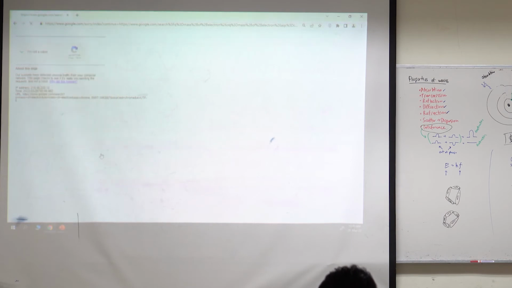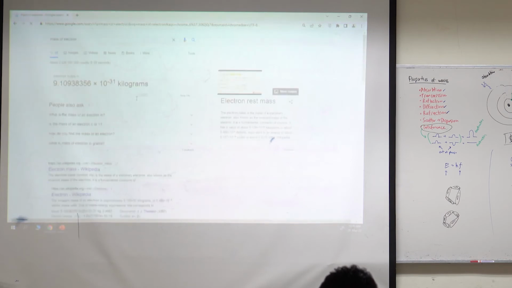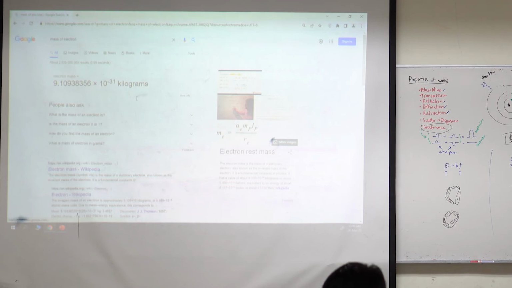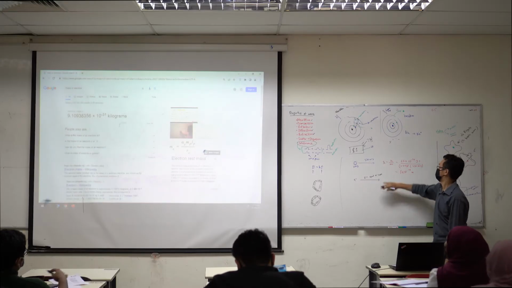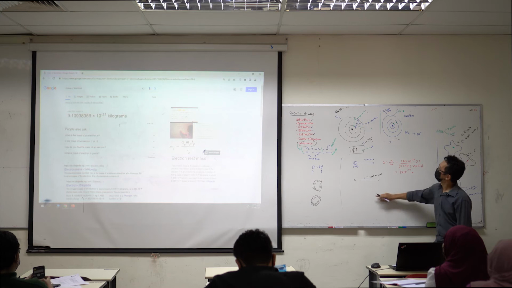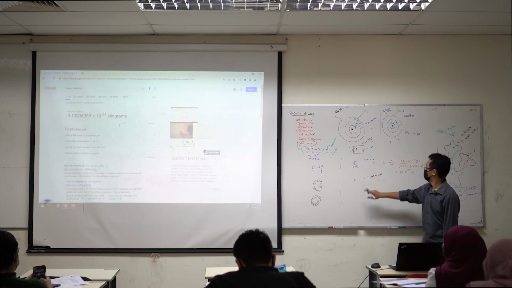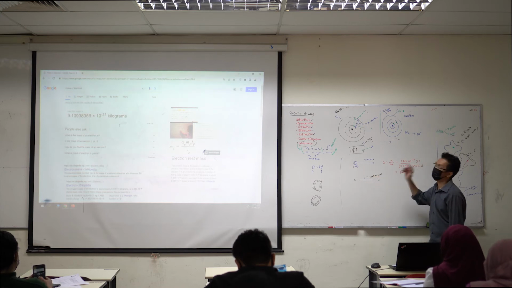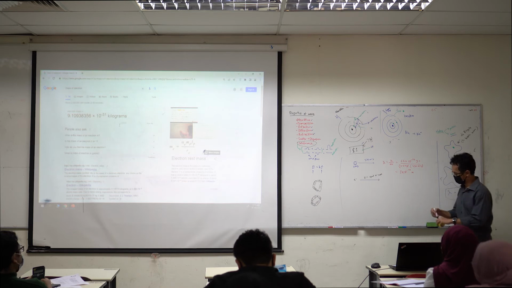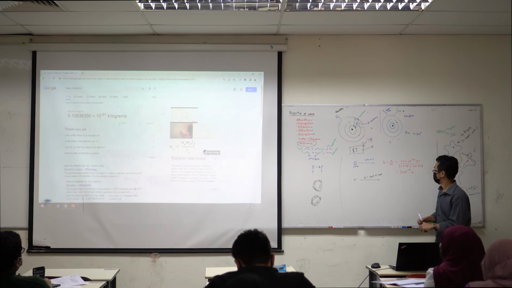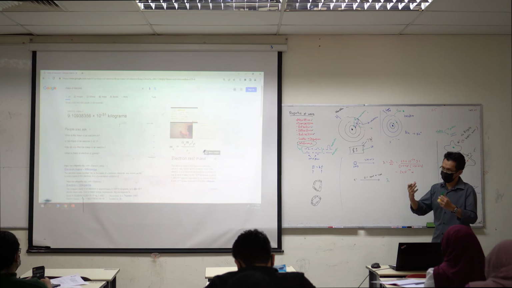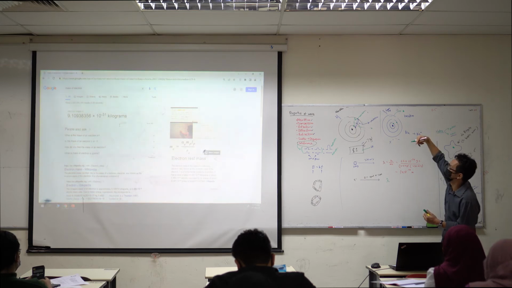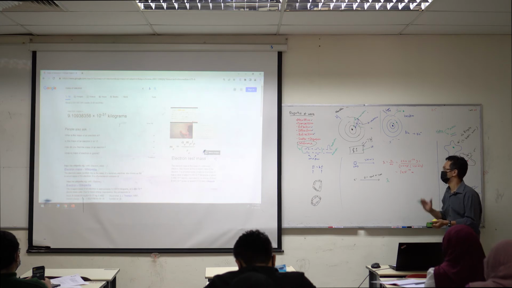Okay, anyone who does this, you get 1 mark because I didn't tell you. Because this is 0.5, this is 1 mark. Electron, that mass, 2% of the speed of light. What is the wavelength? Because this is the basis of the electron gun inside the electron microscope. We want the electron to behave like a wave.